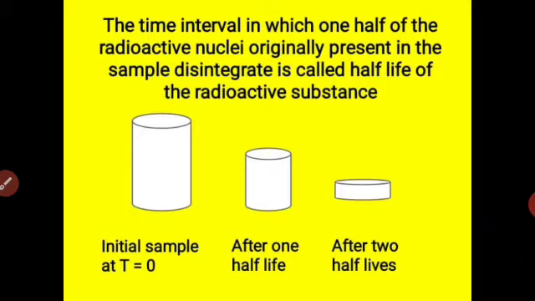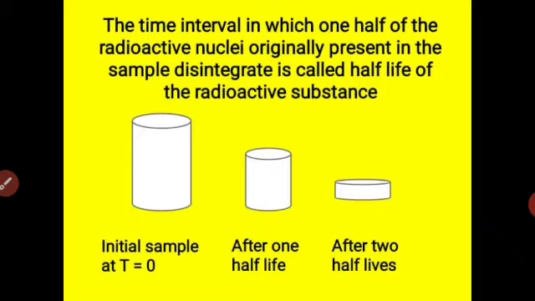After 2 more hours, that is total 4 hours from the beginning, we will have 16 nuclei left in the sample. After the third half-life, we will have half of 16, that is 8 nuclei left.